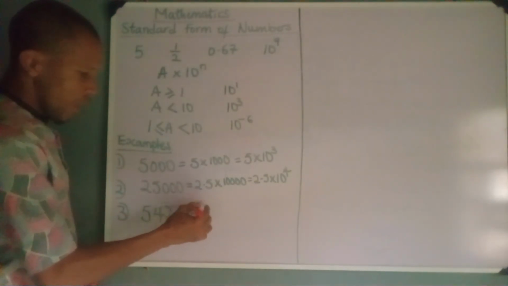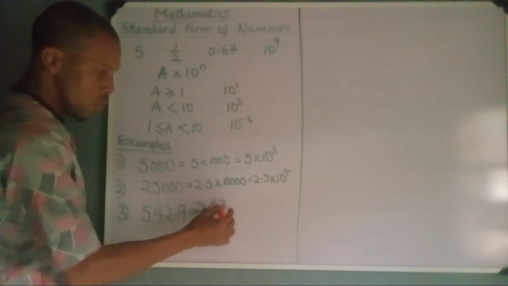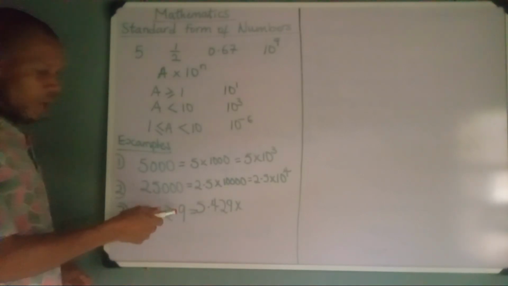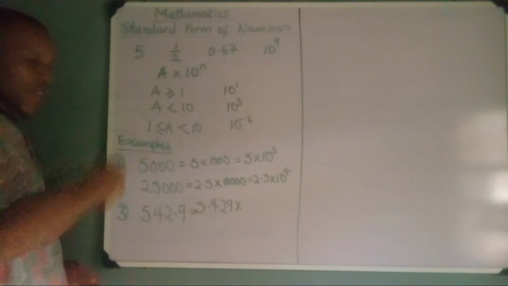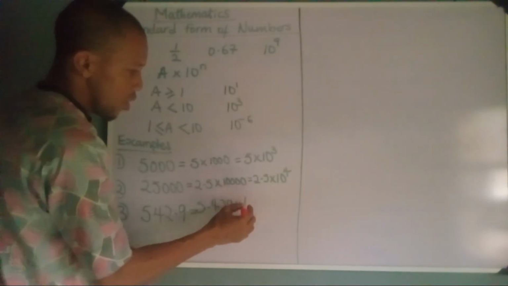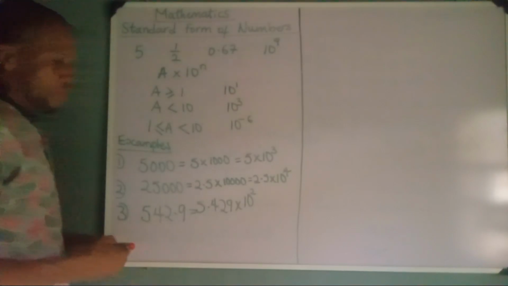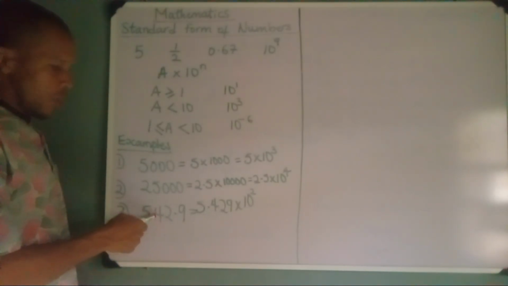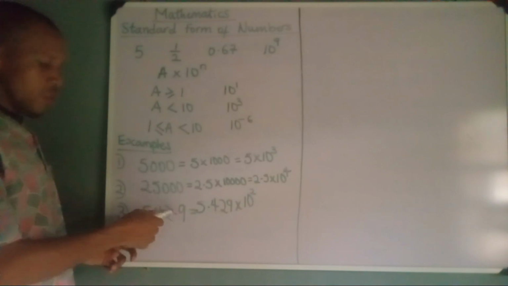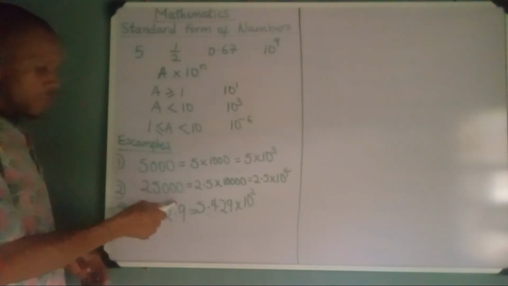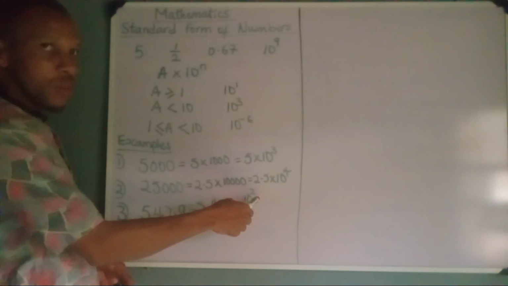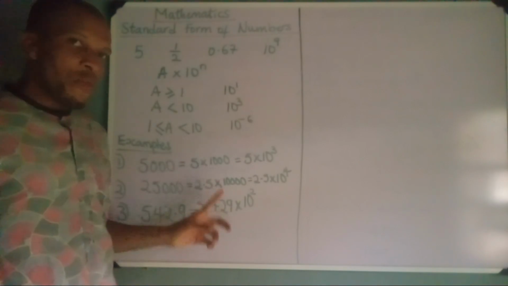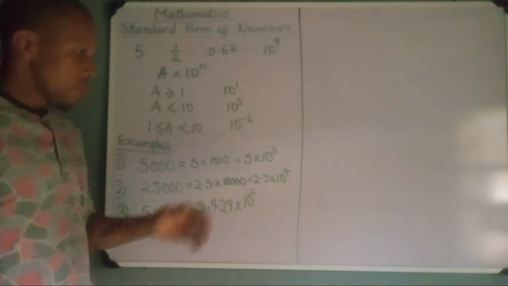So that will be 5.429 times, what will be the power of 10? Since I moved the decimal place 2 places, that will be 10 raised power 2. Because 2 places means I'm going to multiply it with 10 two times, like 10 times 10, 100. So the power of 10 there will be 2. So 542.9 is equal to 5.429 times 10 raised power 2.